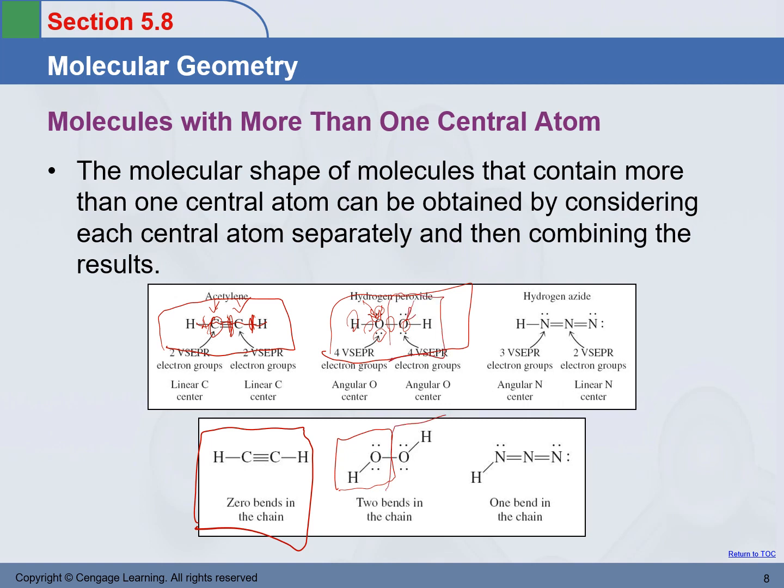So in this molecule, there are 2 angles, 2 bends in the chain. If you do a similar analysis for the next molecule, you're going to realize it has 1 bend in the chain. Around this nitrogen, it is linear because it has only 2 electron groups around it.